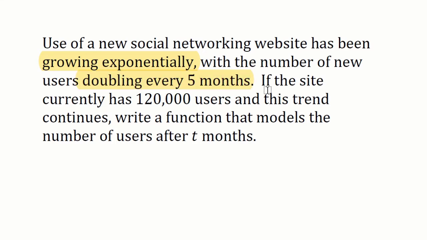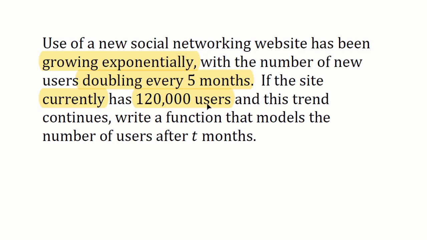Okay, and now that's the end of one sentence, and then one more sentence comes as the description right here. If the site currently has 120,000 users, so this is one time point right here. This is one time point, currently. It has 120,000 users, but then it doubles every 5 months.